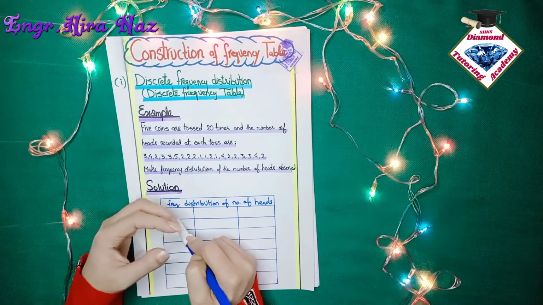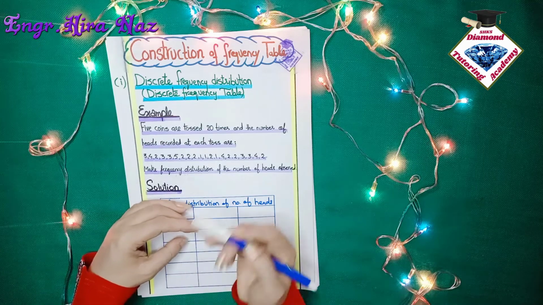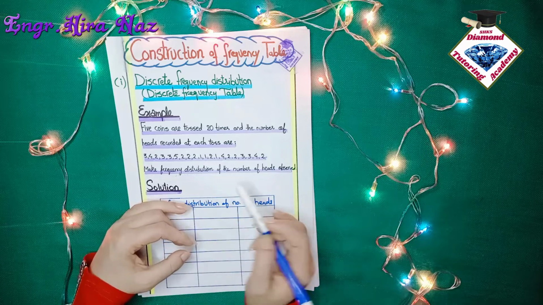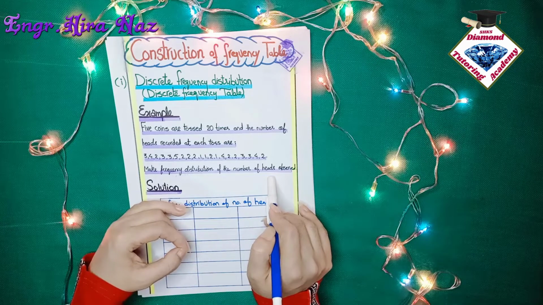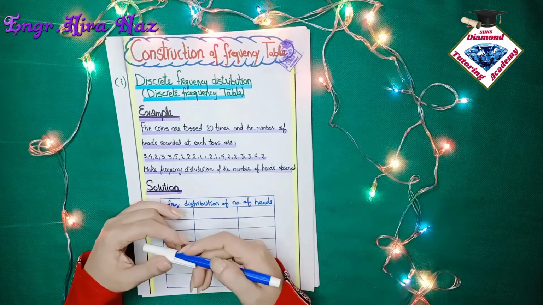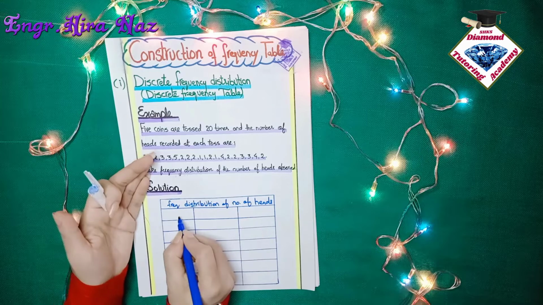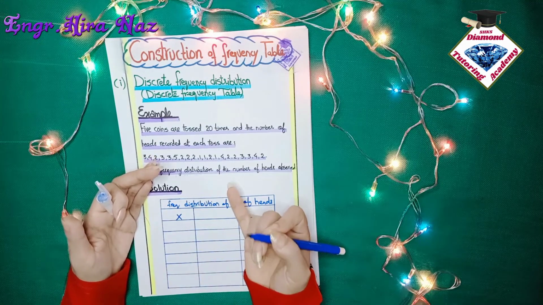Variables are basically the things we have to find out as a result. Understand? Like in this case, we have to find out number of heads observed. So our variable is number of heads observed. Is that clear? I'm sure it's clear. So we name here, let's suppose X for number of heads observed.